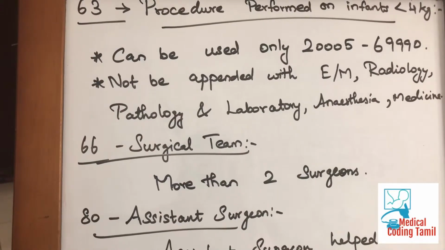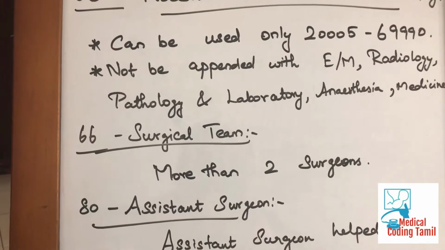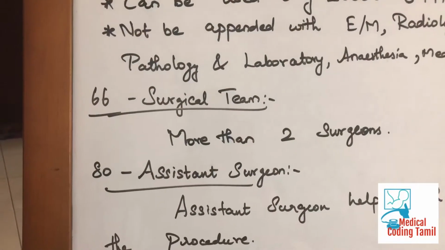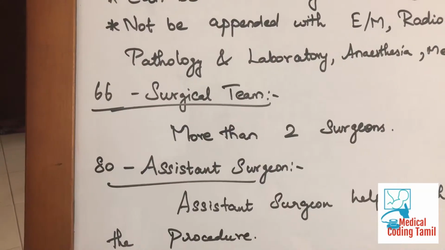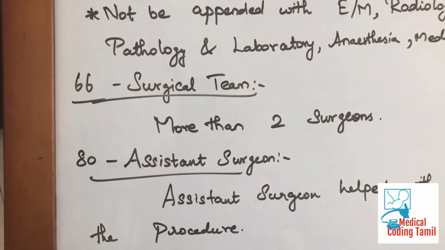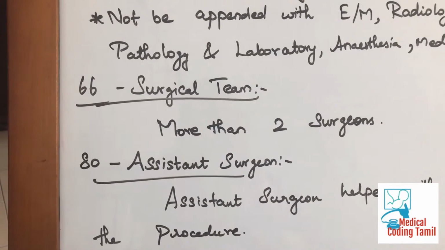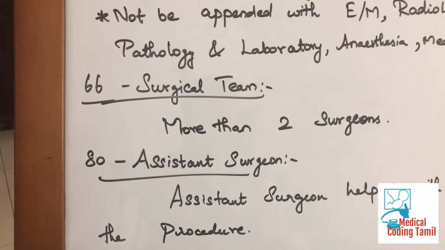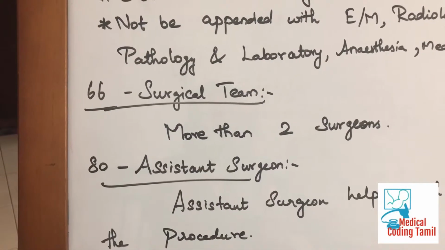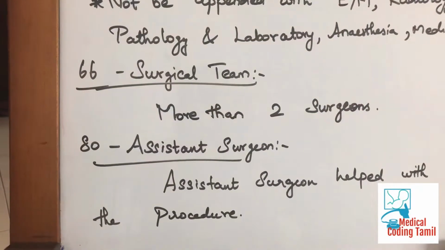It can be used only with the code range 20005 to 69990, and it should not be appended with E&M, radiology, pathology and laboratory codes, anesthesia and medicine codes. If you use modifier 63, the payer will understand that the procedure was performed on an infant less than 4 kg.